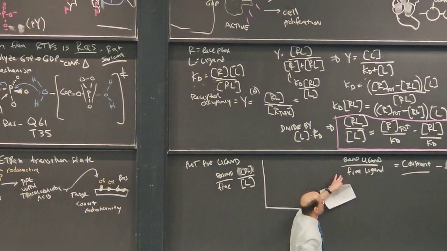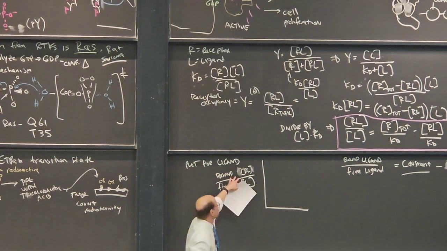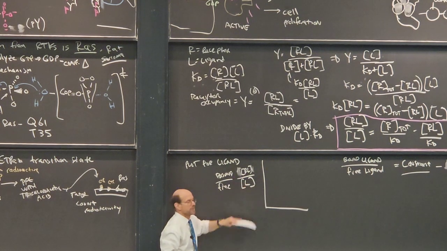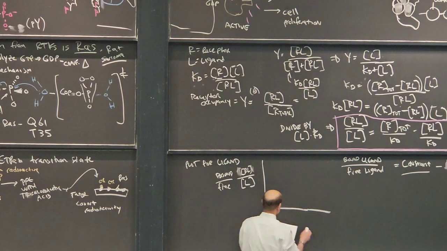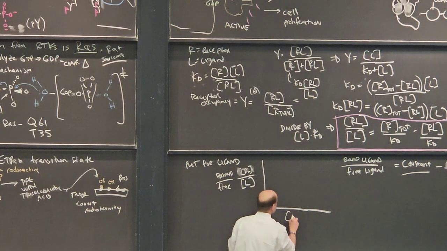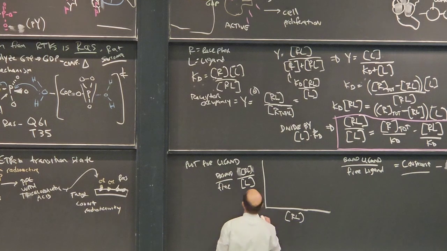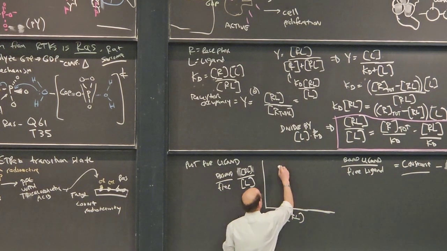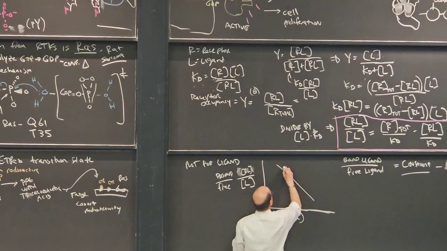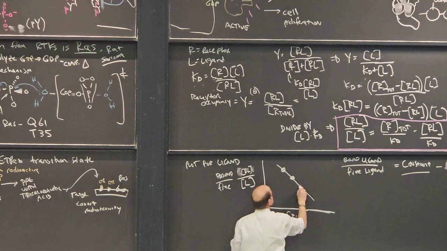So that's this, bound over free. That's ligand bound to the receptor divided by free ligand. And here, I'm going to plot that against the amount of bound ligand. So that's RL on the x-axis. When I do that, I'm going to get a bunch of points.